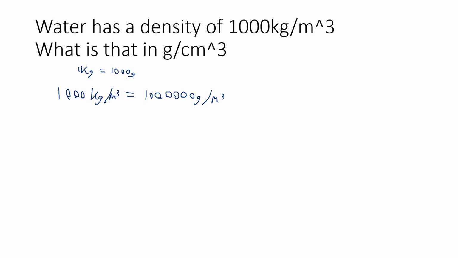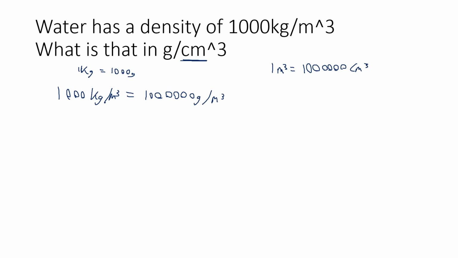However, this is per meter cubed. What about if it's in grams per centimeters cubed? Well, we know from the previous example that 1 meter cubed is the same as 1 million centimeters cubed.